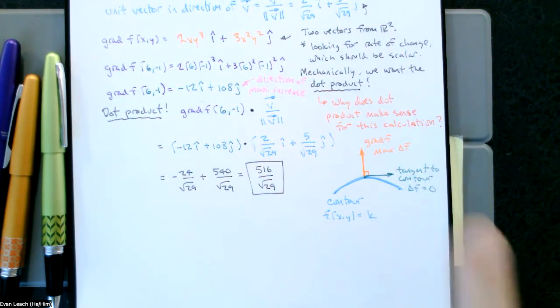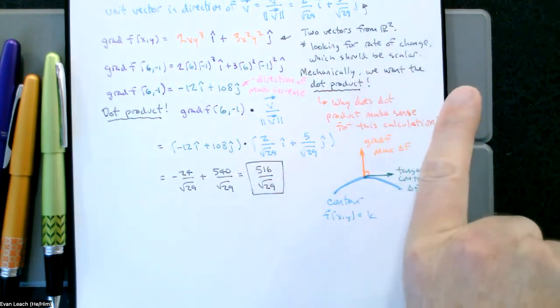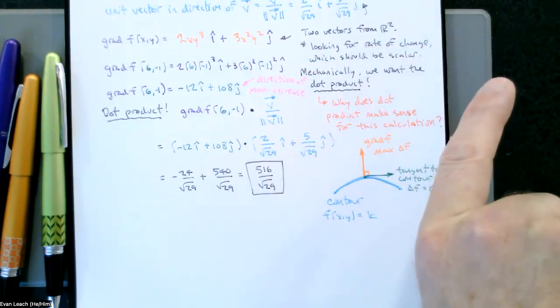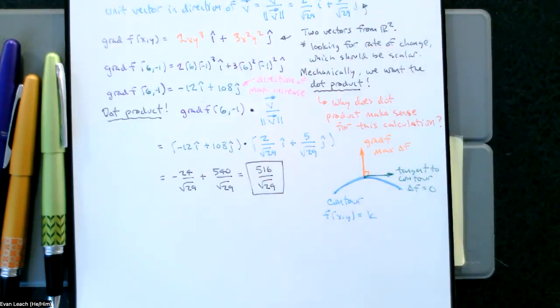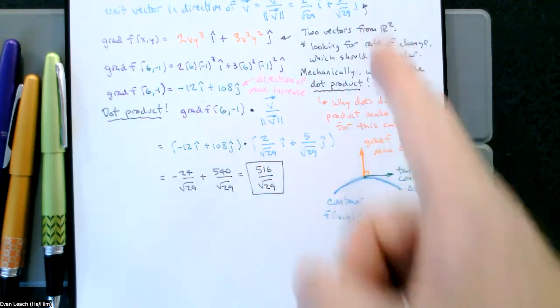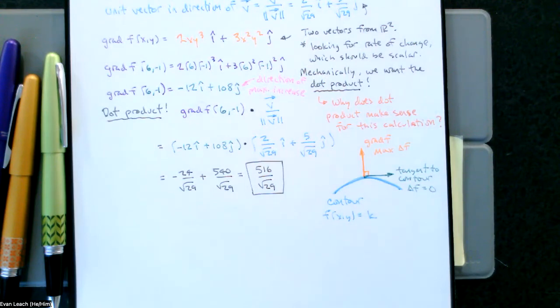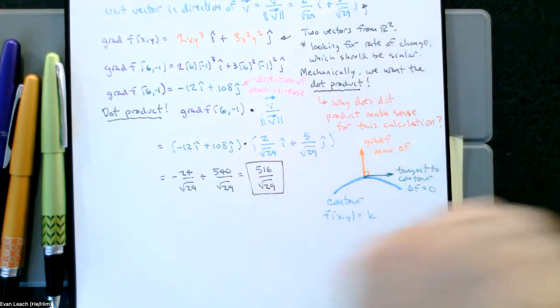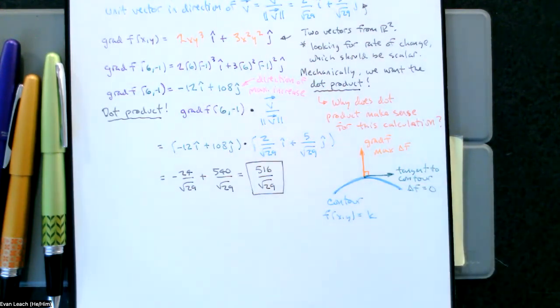Anything more than 0 is going to decrease how much of the gradient we're going in. If we're 90 degrees off the gradient, we are running tangent to the contour, which means that delta f is 0 and cosine of 90 is 0.